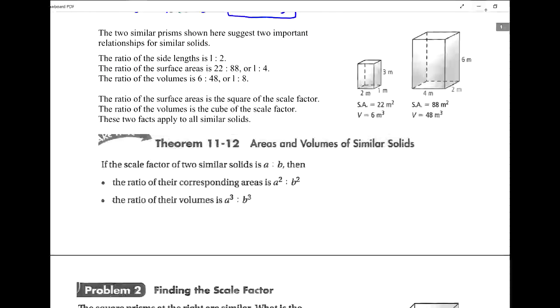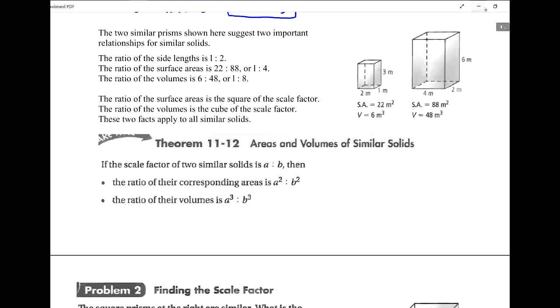All right, let's look at our next example. We have two similar prisms, okay? If we look at our sides, they are going to be proportional. We have a 2:4 and a 1:2 and a 3:6. All of those are going to be a 1:2 ratio. So our scale is 1:2.